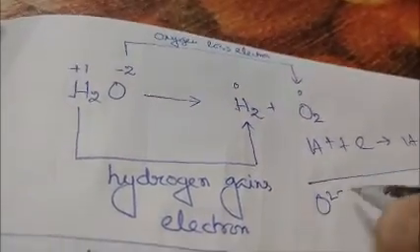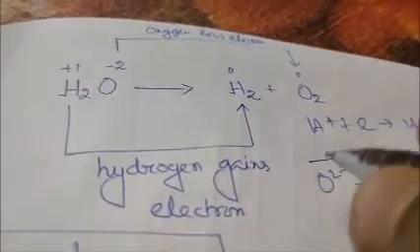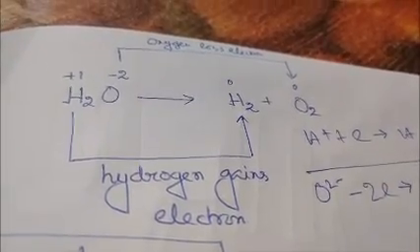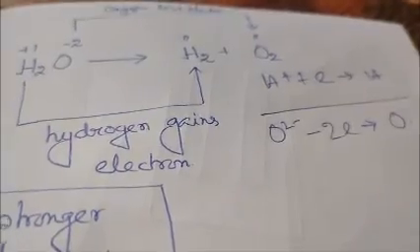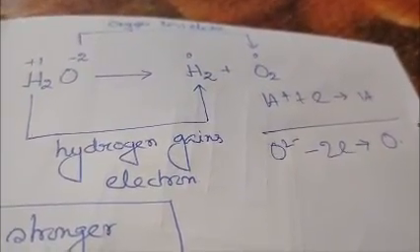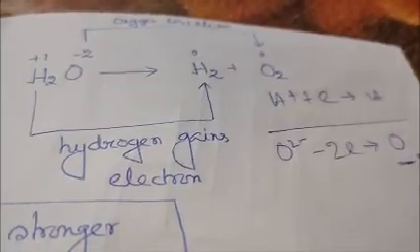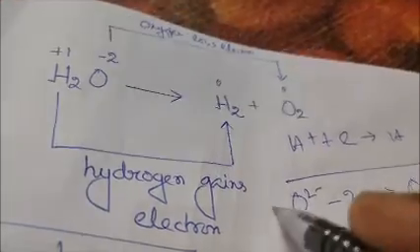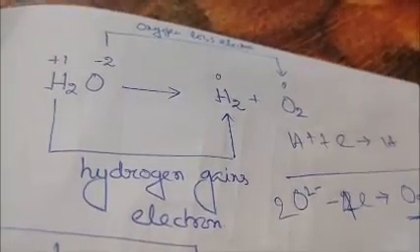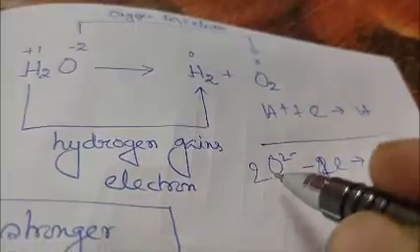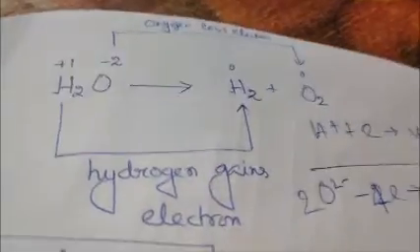And what oxygen 2 minus is doing is losing 2 electrons to get oxygen. Basically it is the oxygen atom, so I am not going into these details. So I have to write 2 oxygen 2 minus and 4 e minus that give you O2. So oxygen is losing electrons, and hydrogen is gaining electrons.